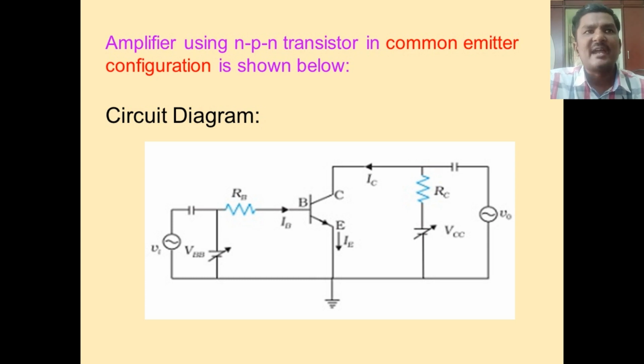A circuit diagram of NPN transistor in common emitter configuration. In common emitter configuration, emitter is common to both input and output. Input is measured across base and emitter, and output is measured across collector and emitter.